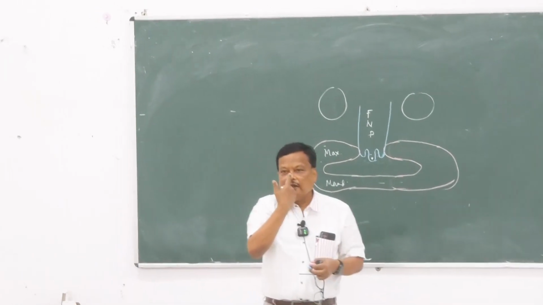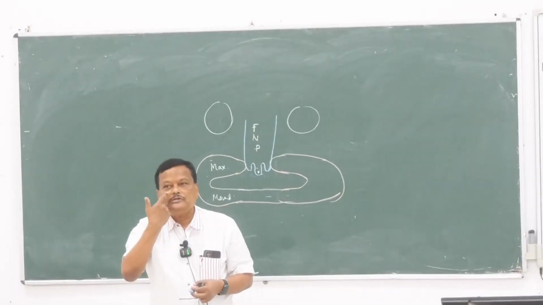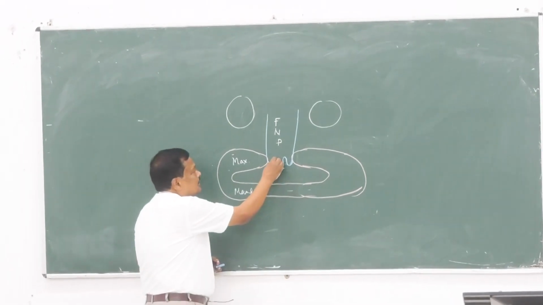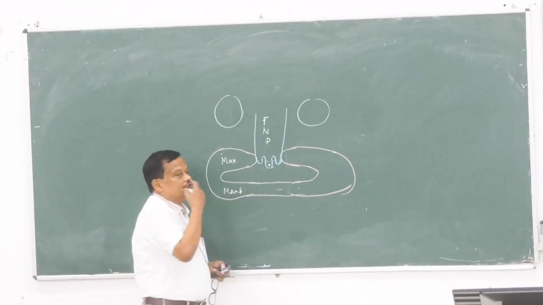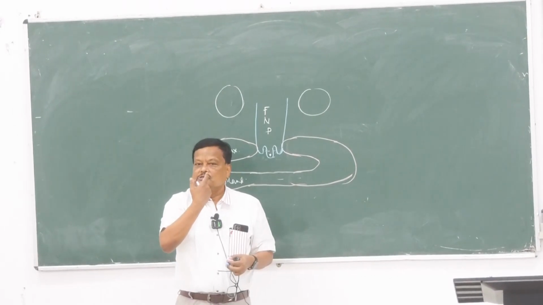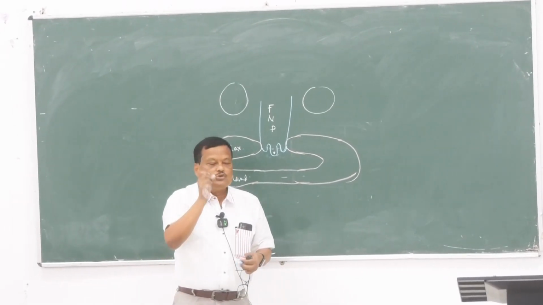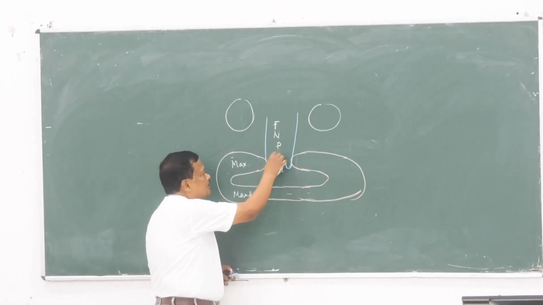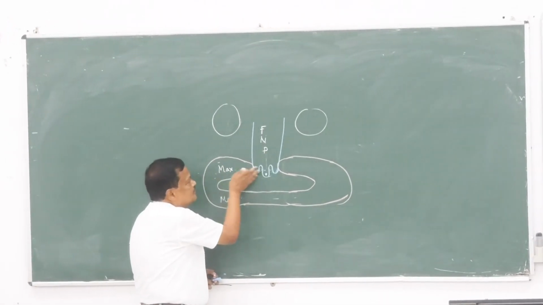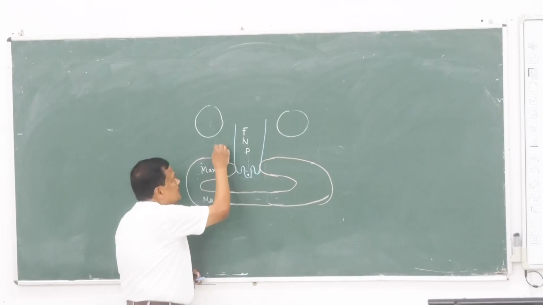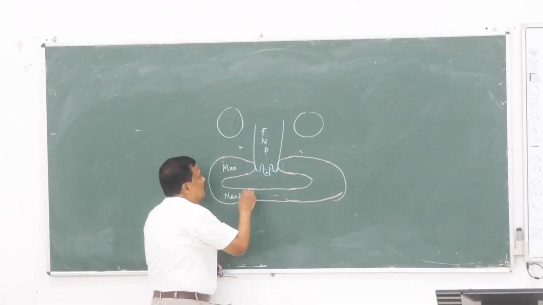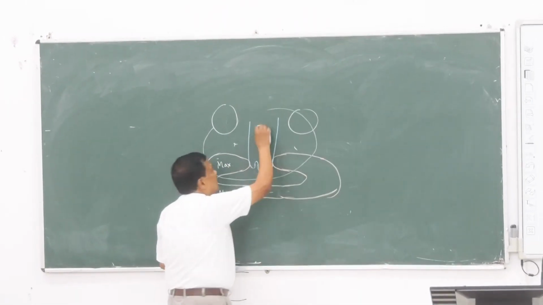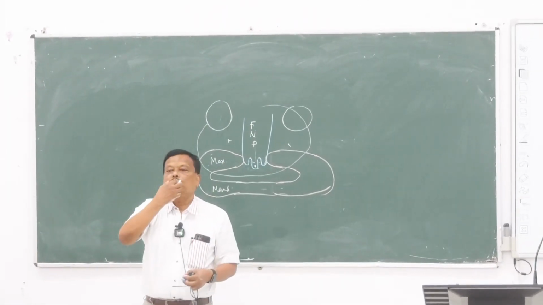You can easily understand this is the medial nasal process and this is the lateral nasal process, and there is a depression which forms our external nares, right? So in the midline there is the frontonasal process, and the maxillary process from the side, one on either side, right and left, and ultimately these form the upper part of the face including the upper lip.